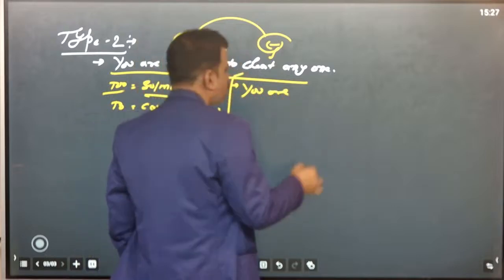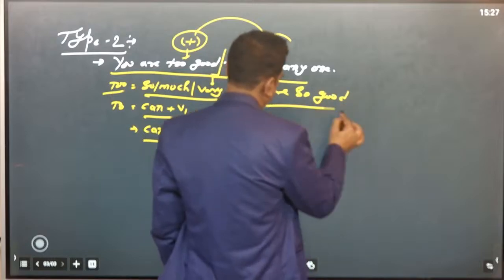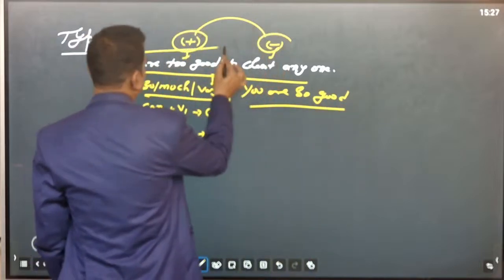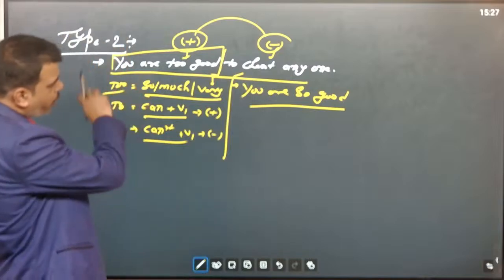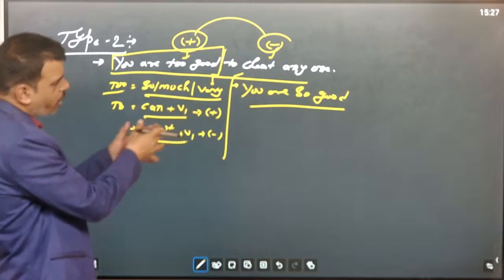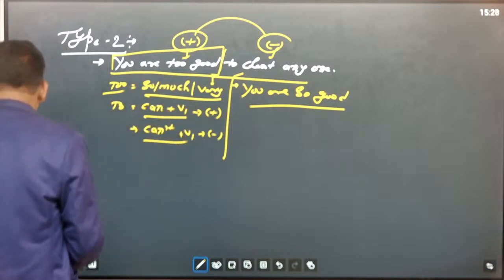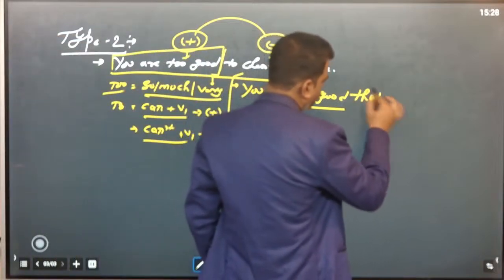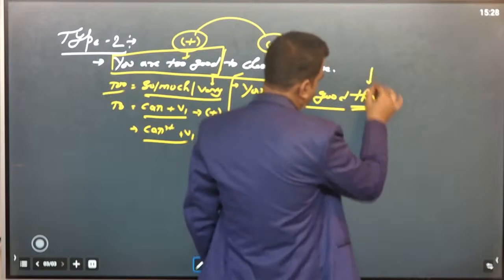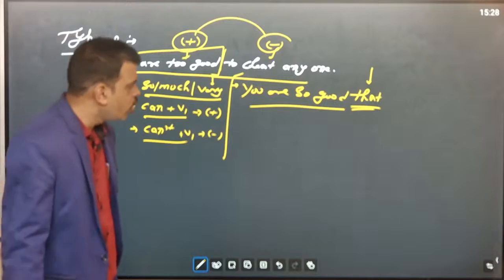You are so good. Now, if we want to join the adjective and the verbal clause, we have to use a conjunction, and the conjunction used for the positive condition is "that". So the place of "that" is the connector. You are so good that.